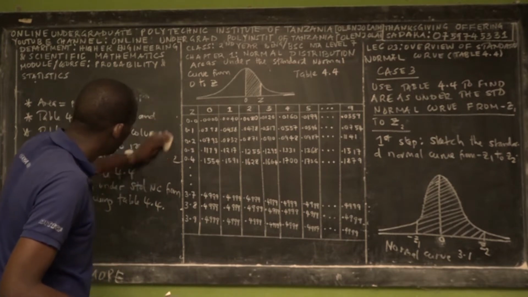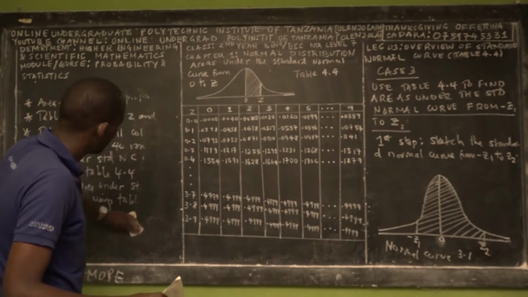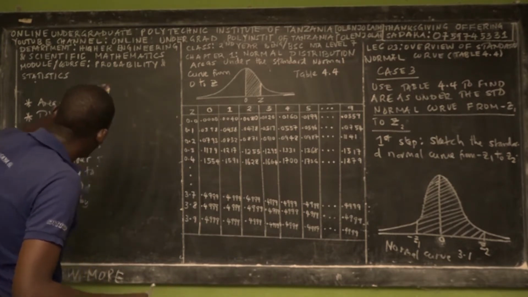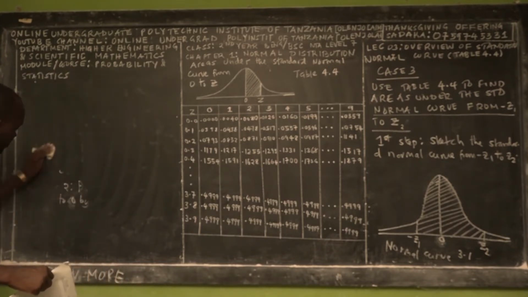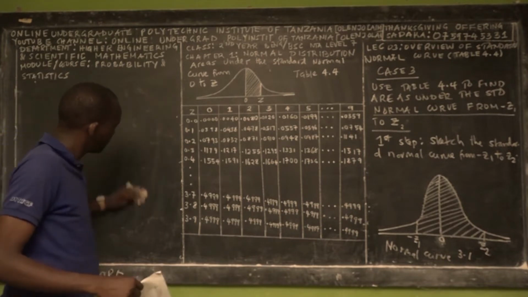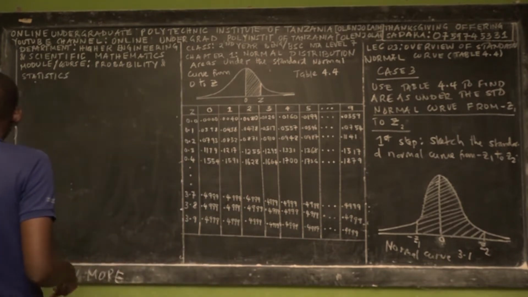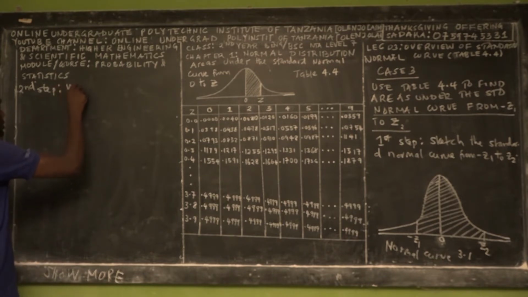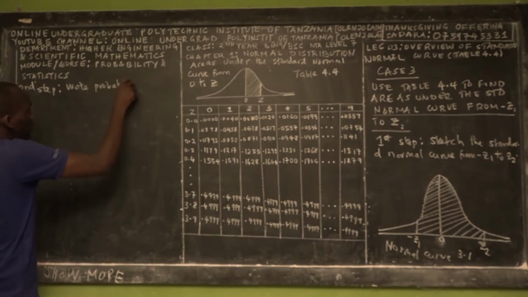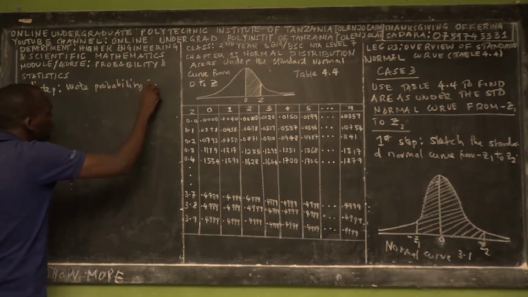That's the first step. The second step, you have to write the probability inequality.